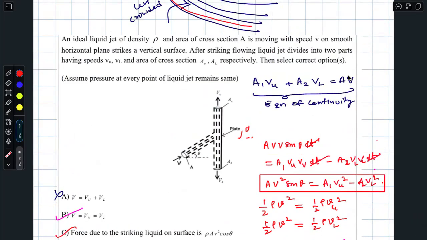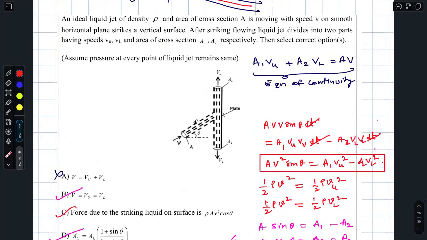Next, thrust force. Calculation of the thrust force part. What is the expression for thrust force that I have given? A V square rho. Do you remember?